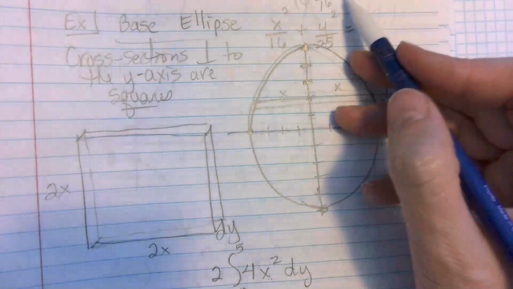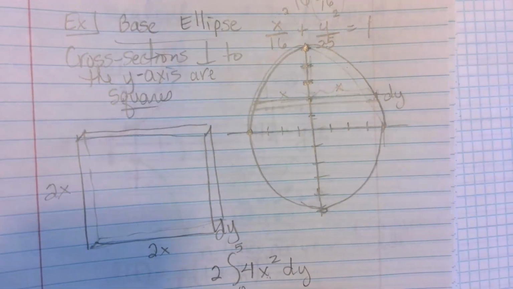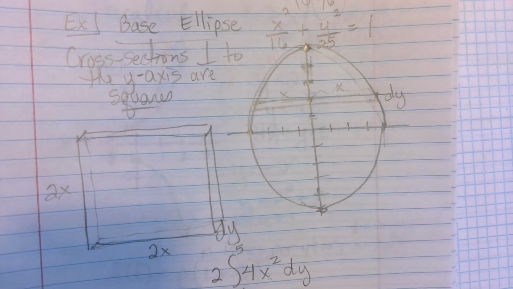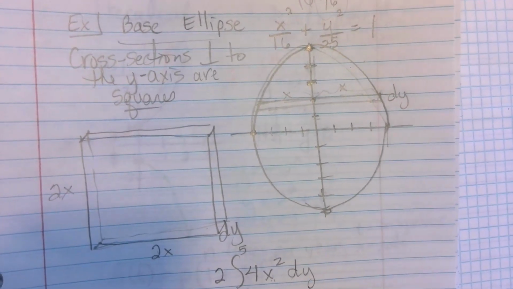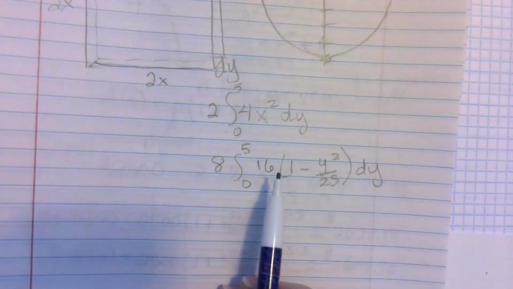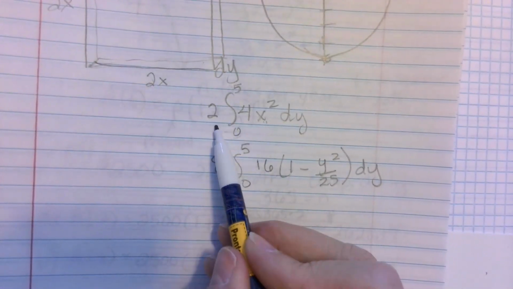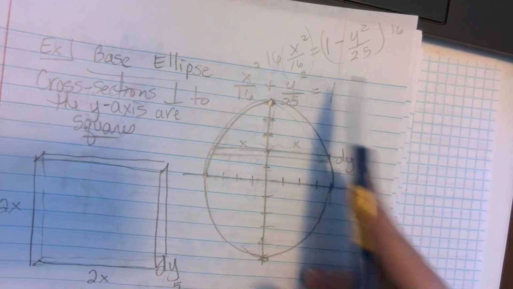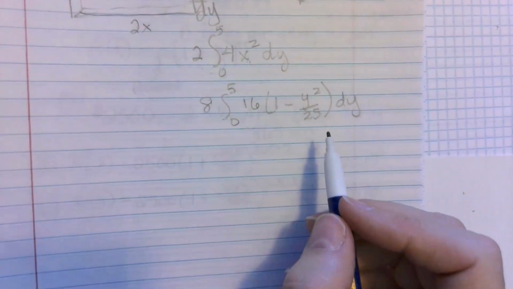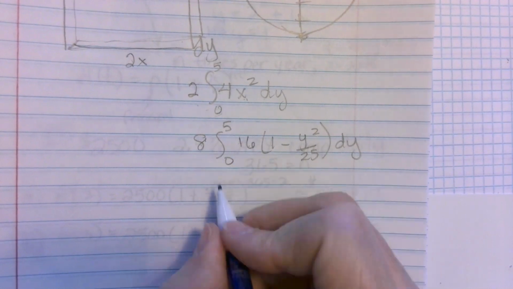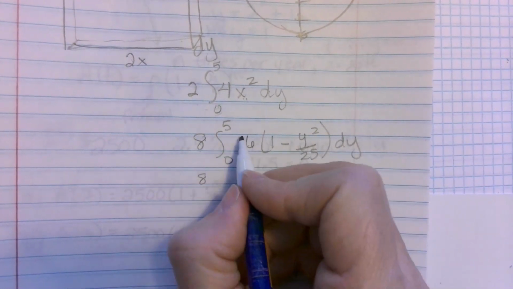X squared would just be, well, I guess I could say 16 times 1 minus y squared over 25 dy. And so really, see, 2 times 4 was 8. And then when I solved up here, I just had that 16 times the 1 minus y squared over 25. So I could actually just multiply. 16 times 8 is 128.